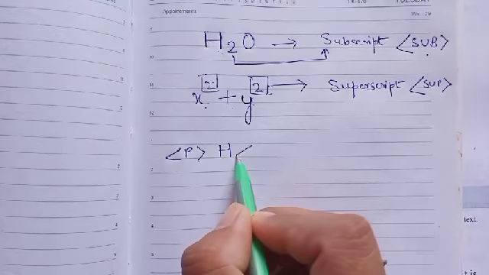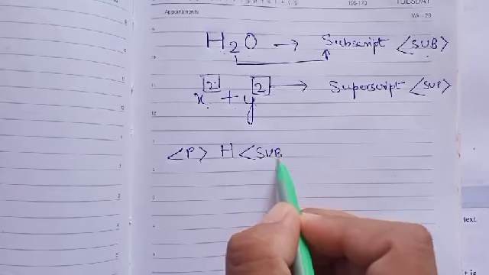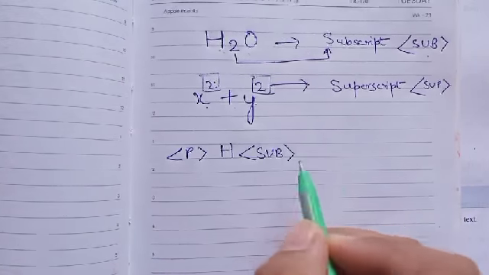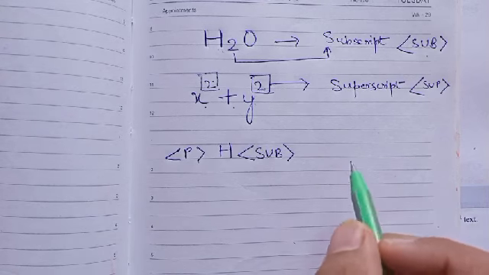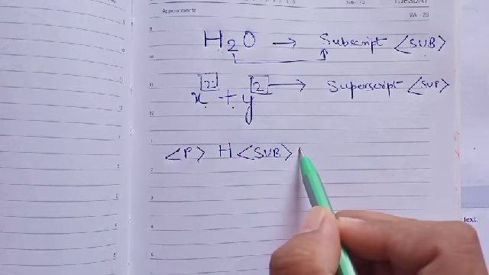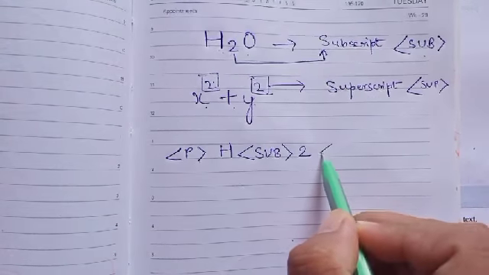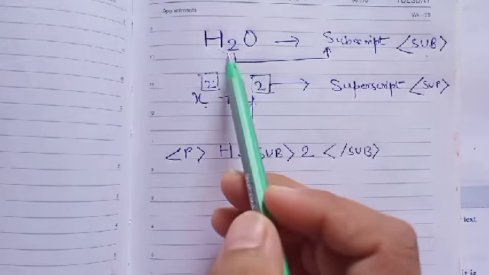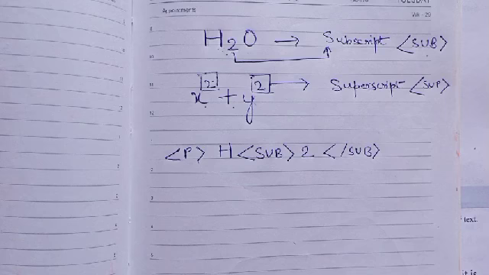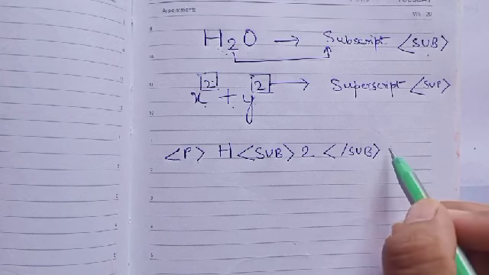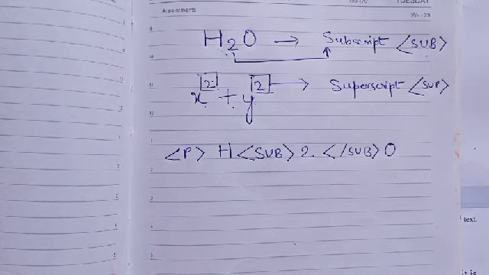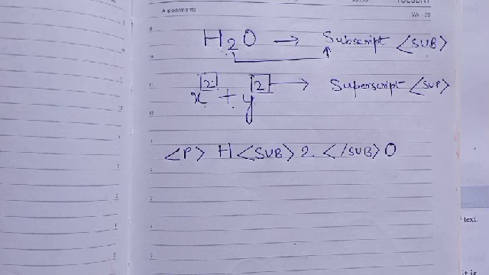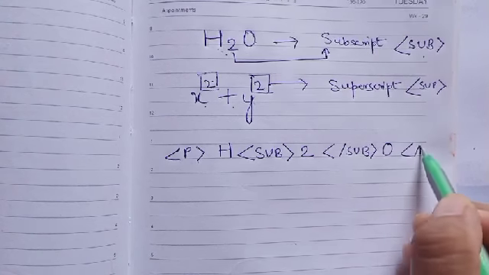So what I'm going to write over here is sub, S-U-B, and the text that is to be made subscript. Here 2 is to be made subscript, so I'll write 2 and then I need to close the subscript. After this subscript, O is to be written as usual text. So without using any tag, I will write O over here and then I'll close my paragraph.